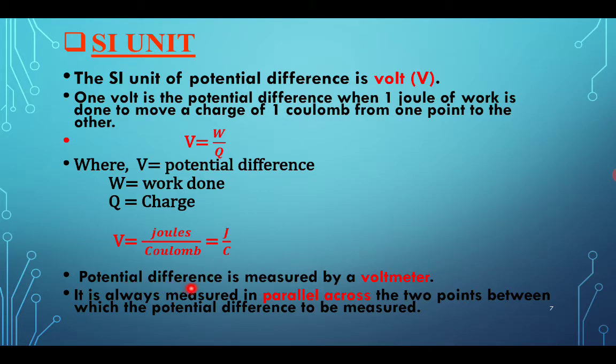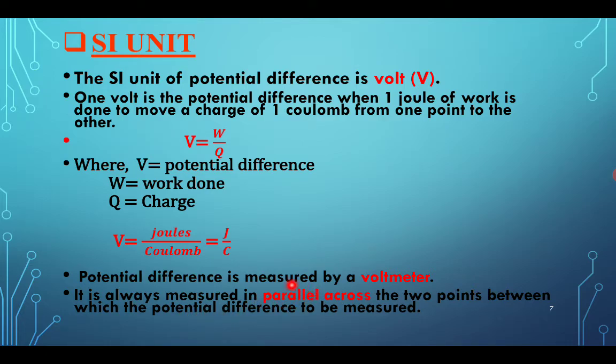This potential difference is measured by a device known as a voltmeter, meaning a meter to measure the voltage or the potential difference. This voltmeter is always connected in parallel across the two ends of a conductor where we want to measure the potential difference.